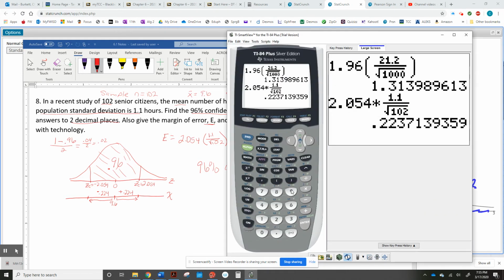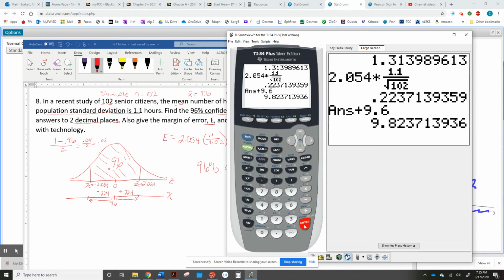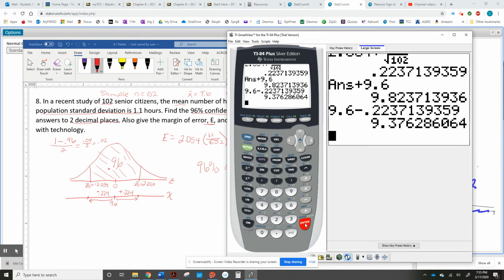So 9.6 plus 0.224 gives me 9.82, and this is where I am going to do 2 decimal places because it's my final answer, 9.82. And I'm going to do 9.6 minus that number right there, and that's going to give me 9.38.